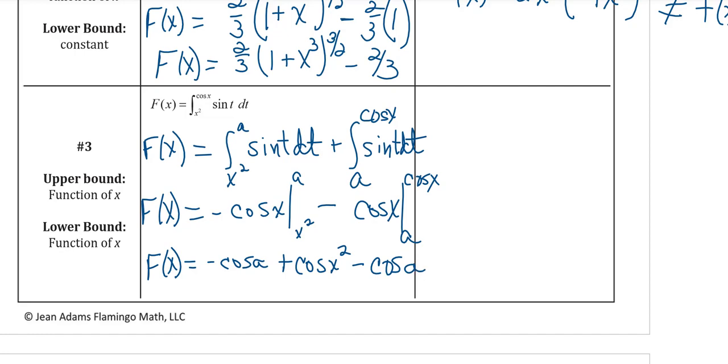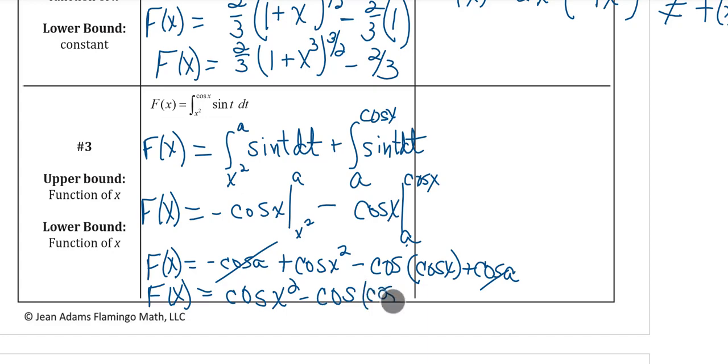Oops, that's the wrong spot. Let me do this in the right order. Minus cosine of x, and then that'll end up being plus a cosine of a, because you have minus and that'll be a minus. So these cancel. So f of x becomes cosine x squared minus cosine of x.